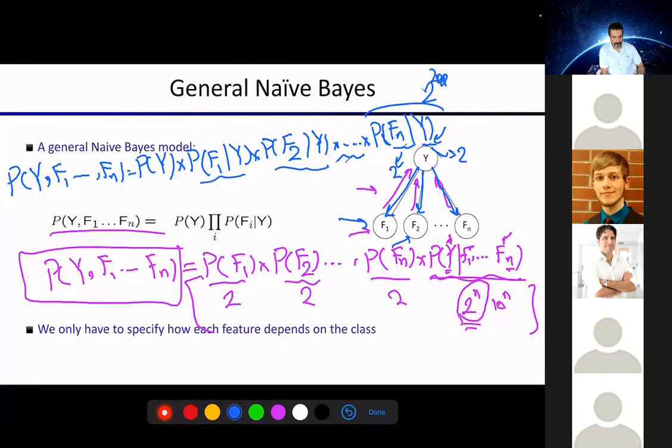We have n of these, n tables of 2 by 2, and a table of 2 for y. It is a lot simpler than the other one, where we needed a lot of space for storing the whole table.